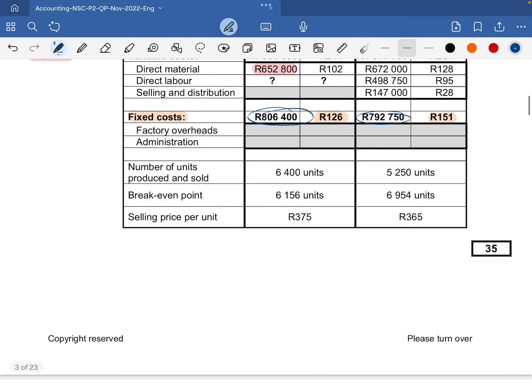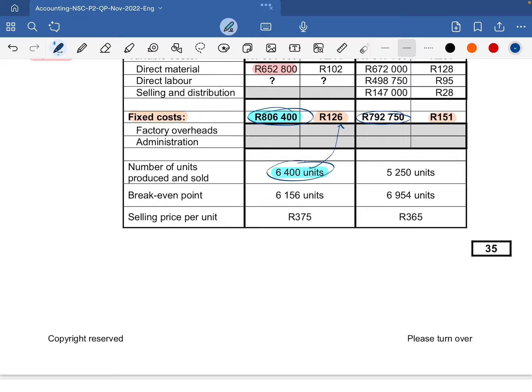Now, economies of scale is when we have an amount of fixed costs, as 806,400 we do have here, and we divide it by the number of units produced and sold. Like we want to see how many units are going to share this fixed cost. So now, if we are producing many more units and they share the fixed costs, it will then lead to us having a fixed cost per unit that is low.